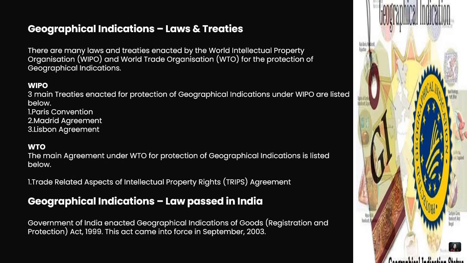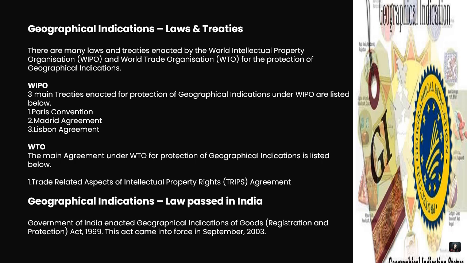Geographical indications, that is, laws and treaties. There are many laws and treaties enacted by the World Intellectual Property Organization, that is WIPO, and the World Trade Organization, that is WTO, for the protection of geographical indications. First, let us see WIPO.